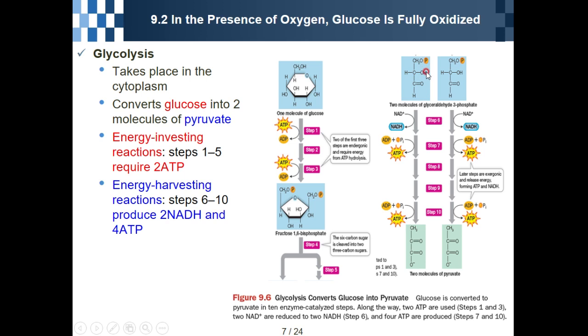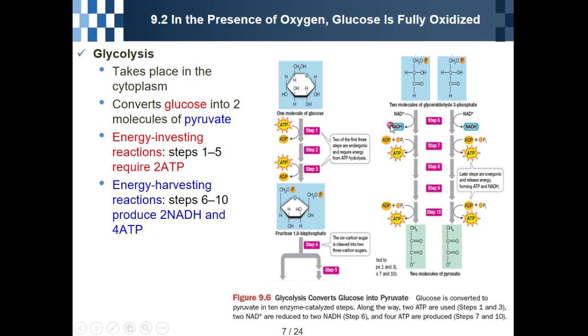The name of this molecule is glyceraldehyde 3-phosphate. They will make 2 molecules like this. You don't have to memorize all of their structures. The important thing is the energy investing reaction requires 2 ATP.